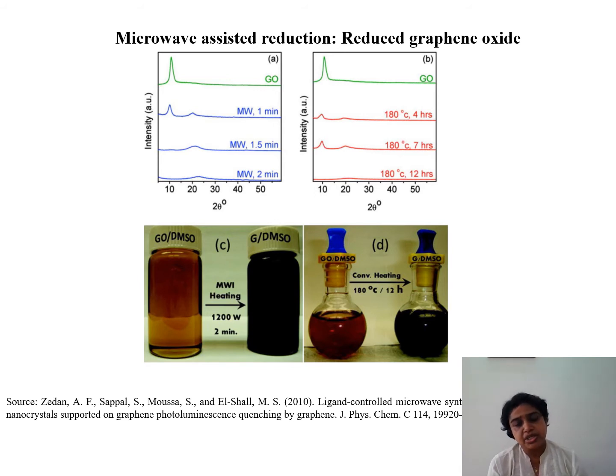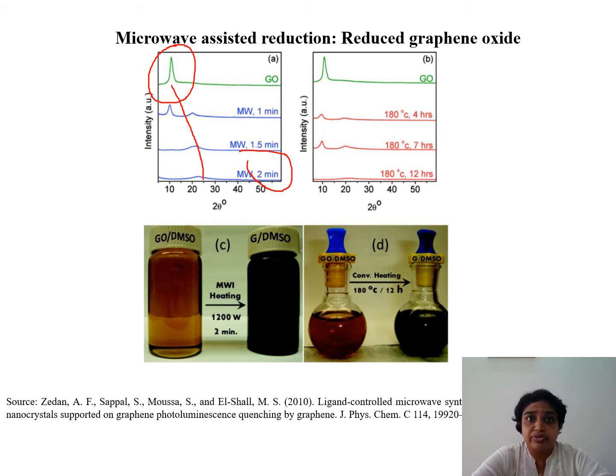DMSO, as I mentioned, is a very good absorber of microwaves. With this solvent of very high microwave capability, the reduction degree of the sample prepared for 2 minutes under microwave radiation at 1200 watt power is even much higher than that of the sample prepared in the conventional way in 12 hours. If you compare, this is your starting graphene oxide. So in 2 minutes, the entire graphene oxide is reduced to reduced graphene oxide.